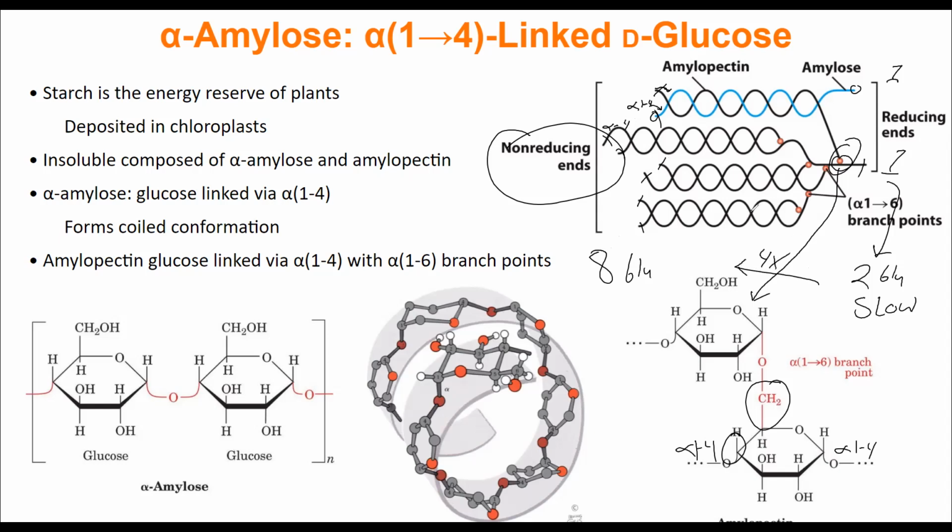And in reality, it's way bigger than 4. But just in this picture, we have 4 times as many glucoses being accessible if we cut them off the non-reducing end than the reducing end. So this branching is allowing us to create a lot of non-reducing ends for our enzymes to cut off glucoses that plants can use for energy.